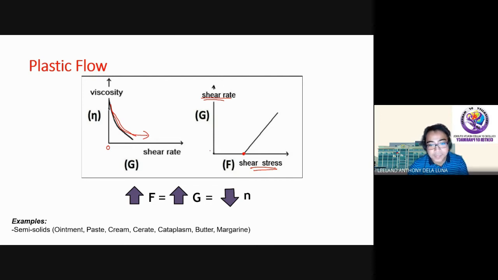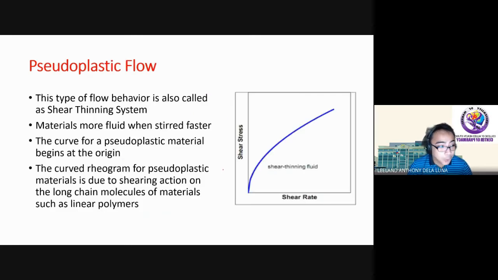So, ang proportionality dito, class, is if I need more shearing stress and shearing rate, kumbaga, the more I need to apply more force to reduce the viscosity of fluids that follow plastic flow. Okay, what about pseudoplastic naman?